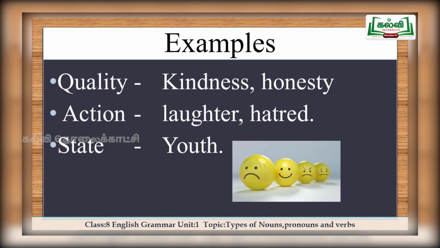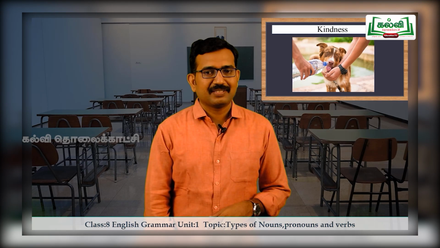You can also list out the qualities which you have. I also tell you that we should have many good qualities. For actions, I have given two examples: lawful, hated. And for state, we can say youth, childhood, boyhood, like this. All these states are examples of abstract nouns.